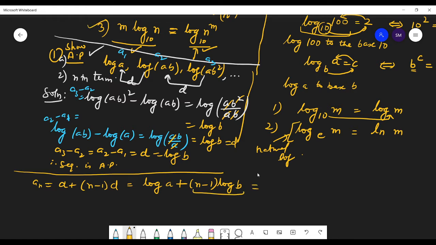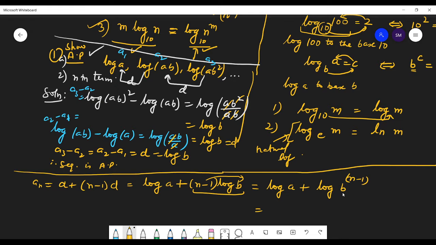Now can you use this power property here, students? What do you get? Log A plus log B raised to n minus 1. See, this will become a power. Now what is log A plus log B?